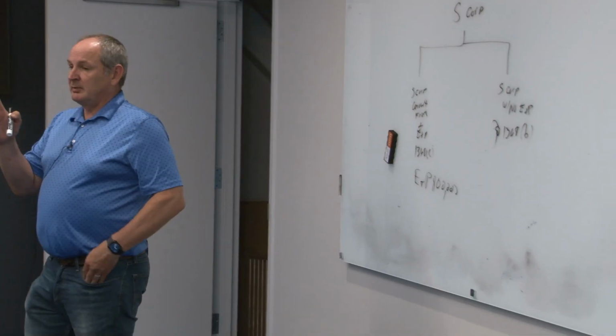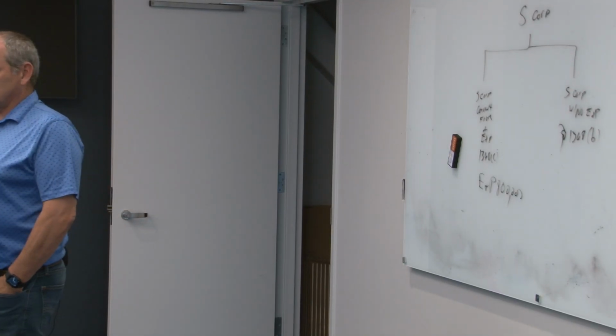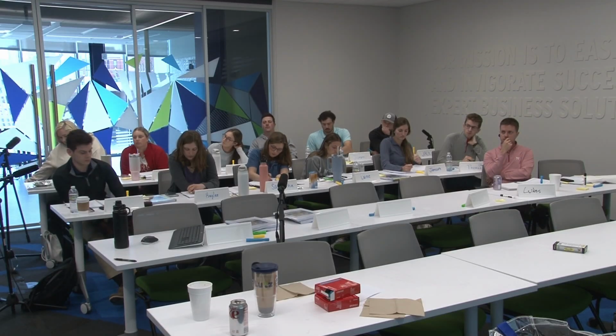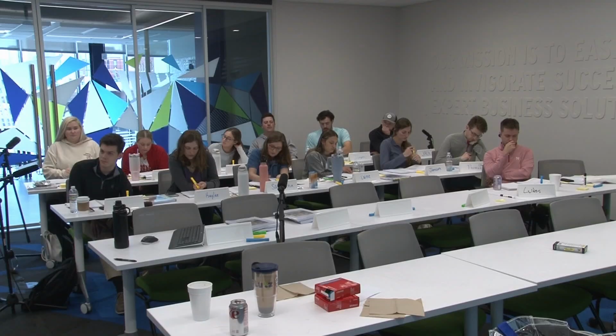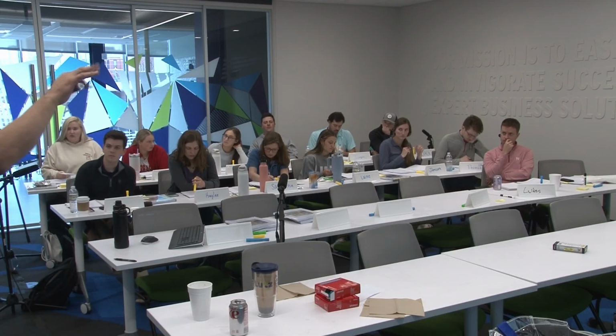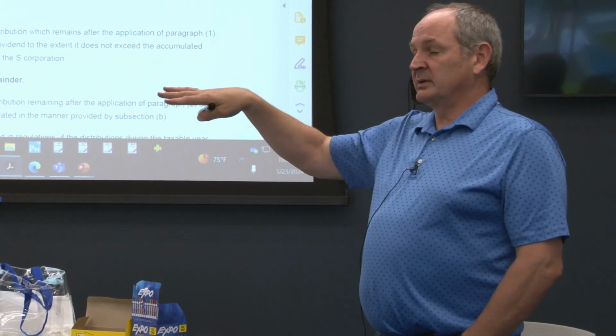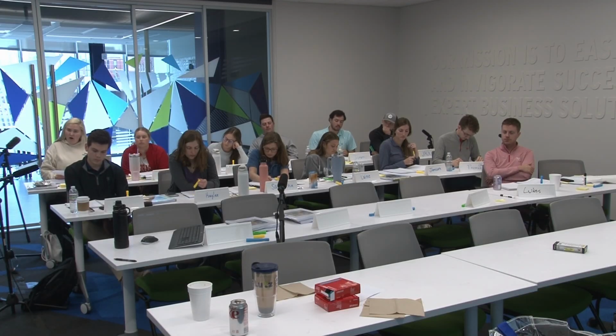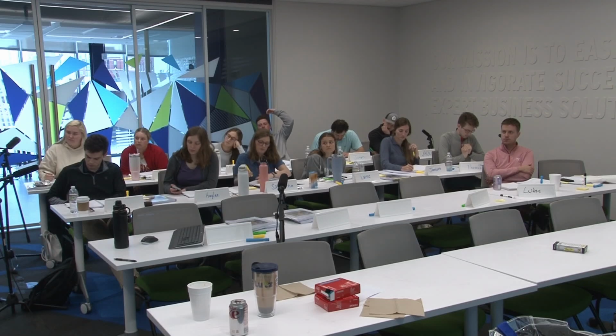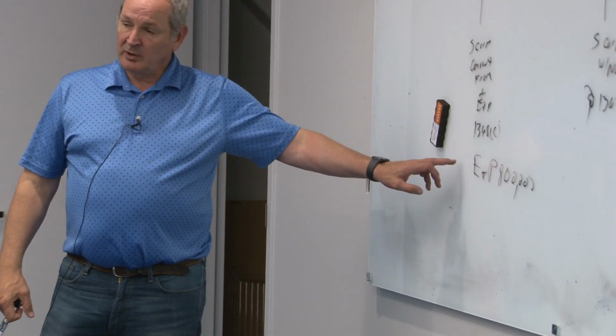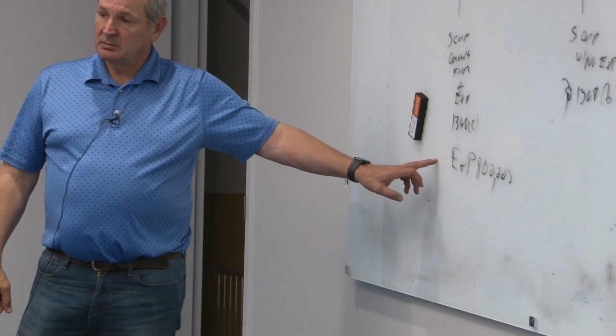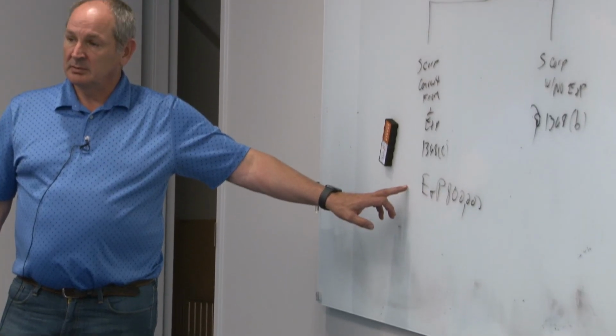So if we get through C1, which says refer back to B, what's B say? Return of distribution is going to be return of basis. To the extent it exceeds basis, it's going to be sale or exchange. We've blown through that provision. We got $1 million still unaccounted for in our distribution, and we're going to do this accounting in a little bit, but we got $1 million left.